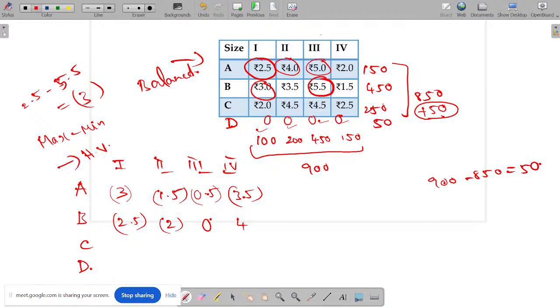For all the rows and columns, 5.5 is the highest value, so for each and every cell, you subtract from the same 5.5. So 2 and 5.5 is 3.5. Then 4.5 and 5.5, which is 1. 2.5 and 5.5, which is 3. And for D, everything is 0, which is 5.5.